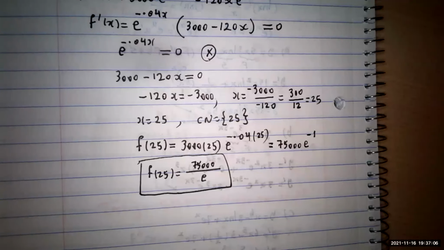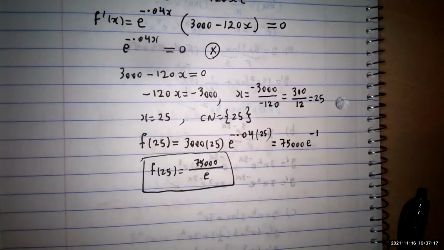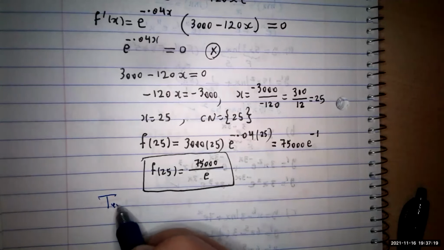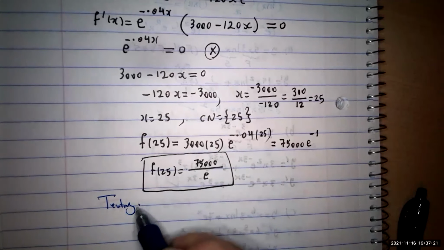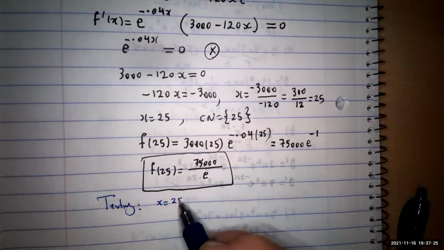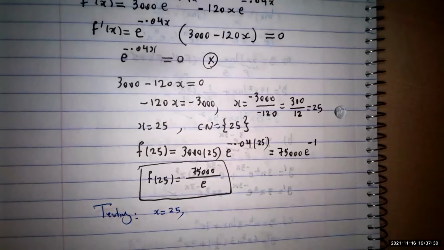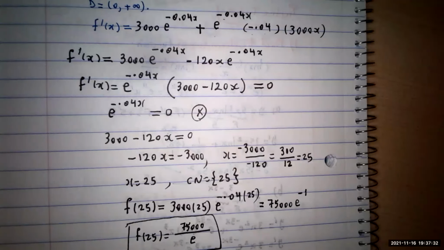Now you are being asked to find the absolute maximum, so you have to show that this is a maximum. How are we going to do it? We have 2 choices, remember? Testing for x equal to 25, the critical number: the first derivative test or the second one.